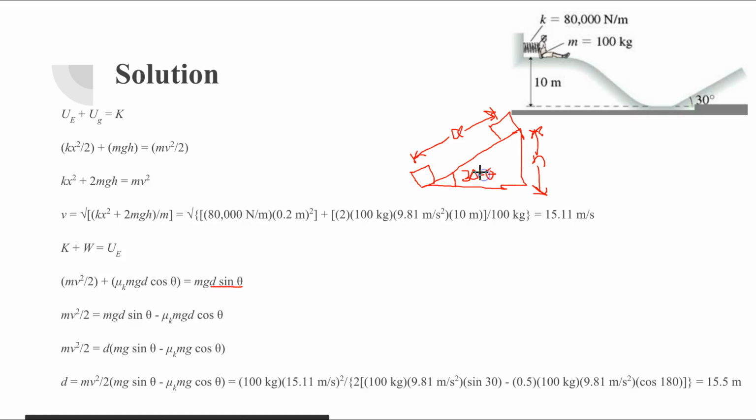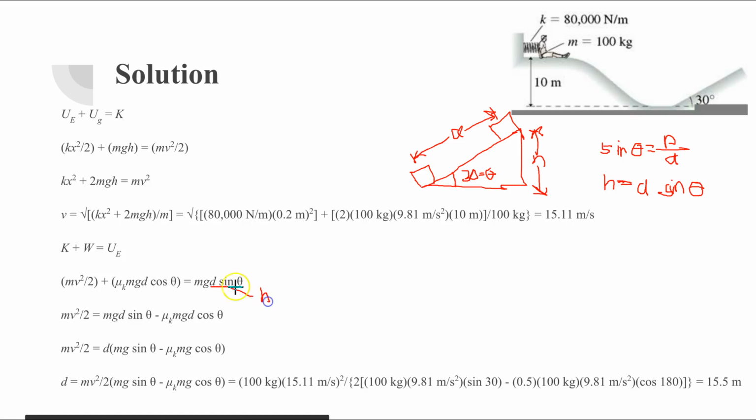If you use a little trigonometry, sine of theta equals opposite over hypotenuse, h over d. If you multiply both sides by d, h equals d sine theta. So that's where this is basically h.